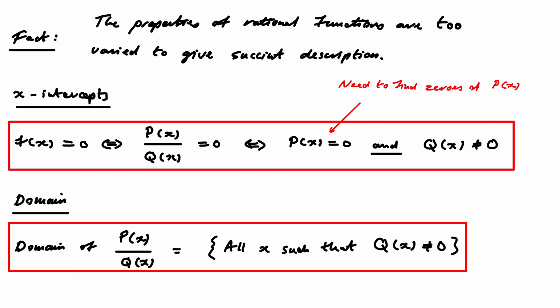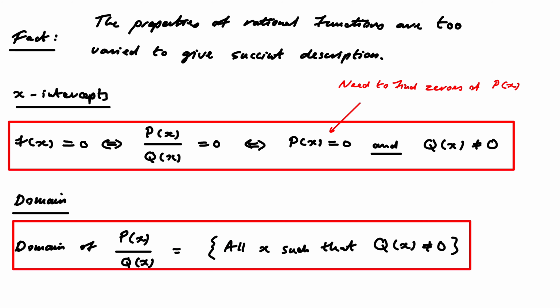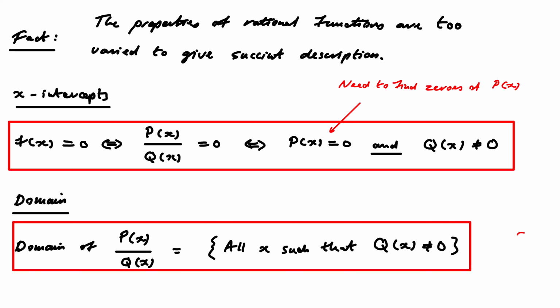For finding domains, we're going to need to find the zeros of this. So even though in general x-intercepts and domains are very different things, for rationals they have a very similar process of determining things. And I should say this is because we can't divide by 0.